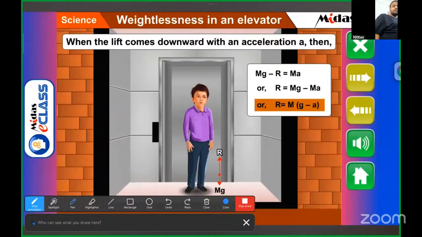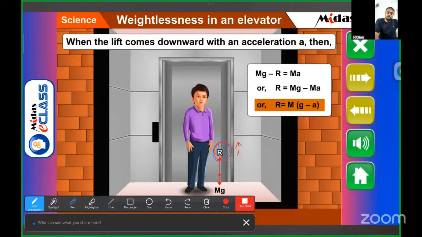We can see that some equation is given. Basically, what is R? R is the normal reaction or the normal force, which always works against the gravity. So basically, if the normal force is more, then you will feel more weightlessness.